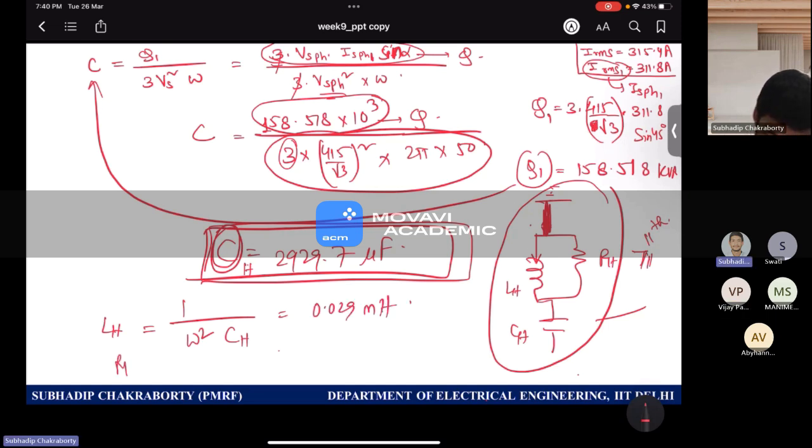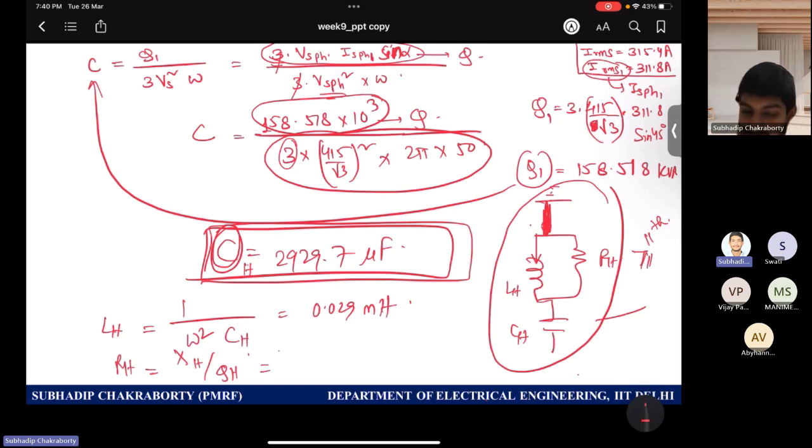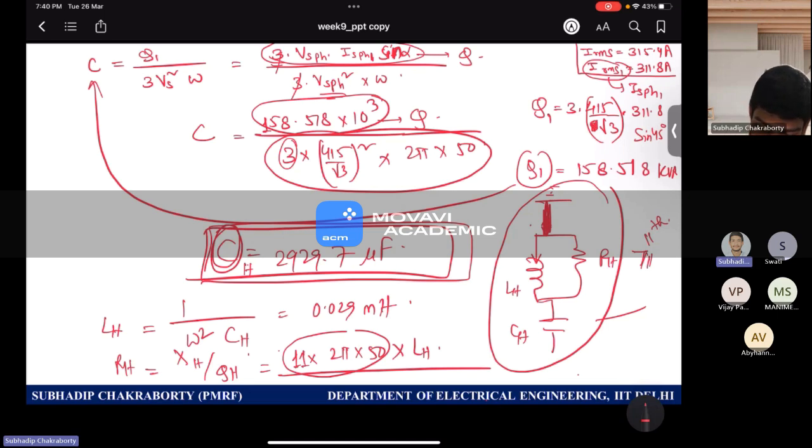And RH is XH by QH. Now XH means you are having omega, so that is 11 times 2 pi into 50 into L. Omega L, okay. Now 11 divided by quality. Quality factor is 2.